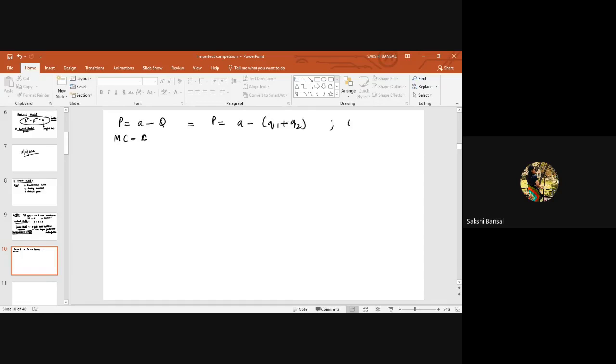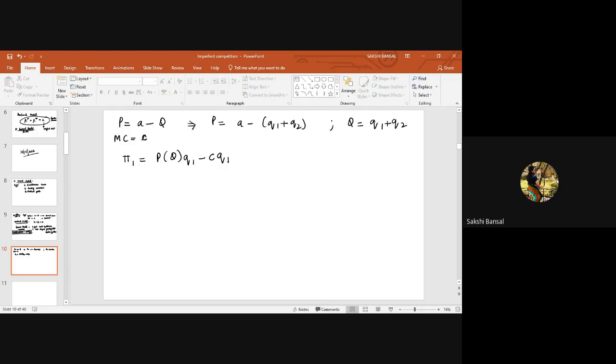This is given that Q is equal to Q1 plus Q2, since I have only two firms in the market. Can I write my demand function like this? So my profit function for firm 1 is this.